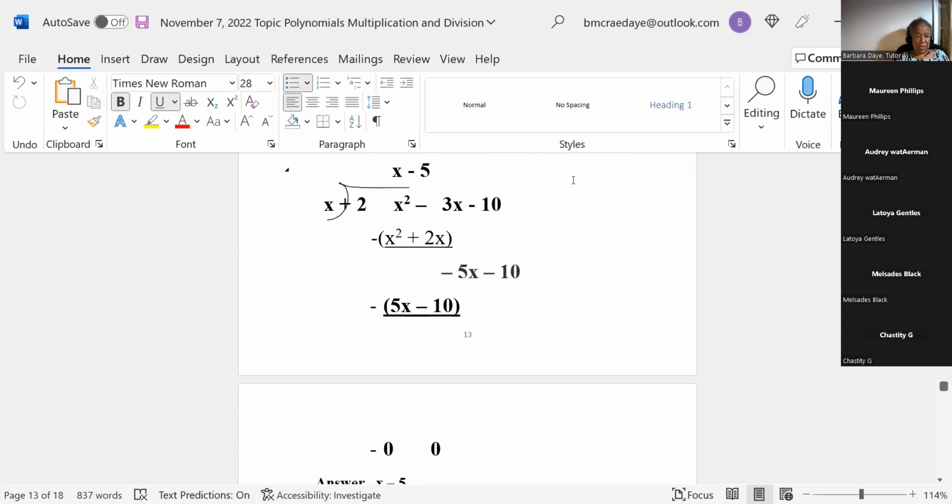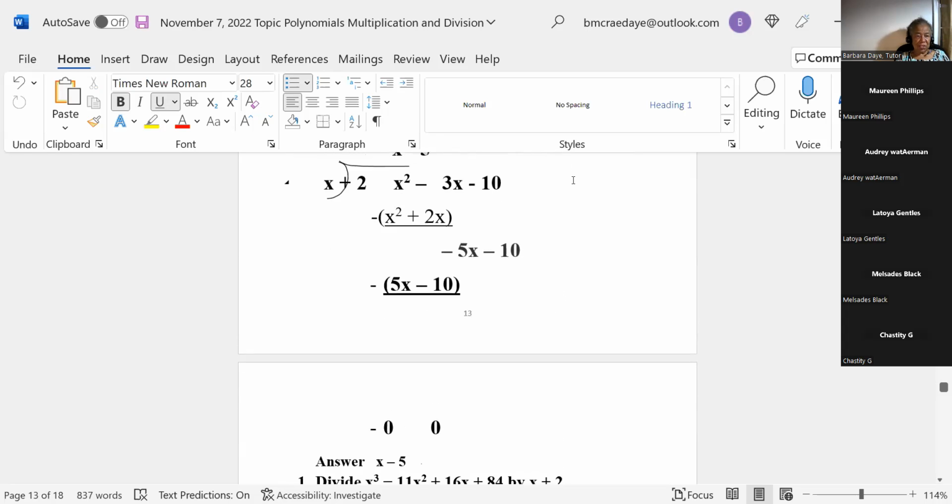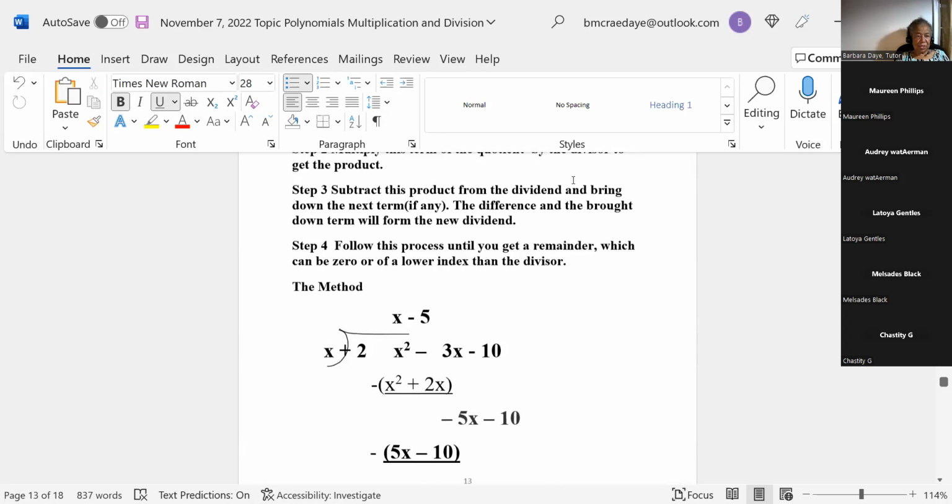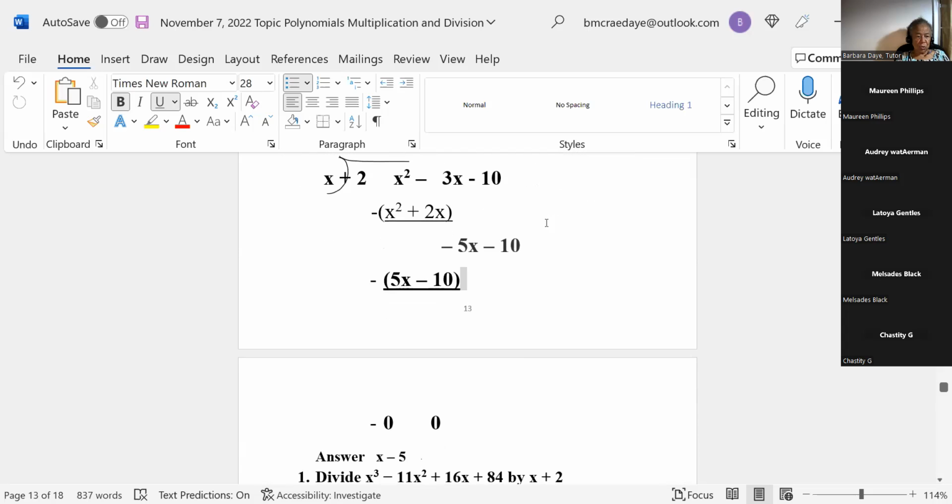So what this is saying is that x minus 5 times x plus 2, let me just write it here. Okay. All right. Is this part of what we were doing, like this is number 12 or something? No, I was showing you another way of getting one of your factors other than what we did before.